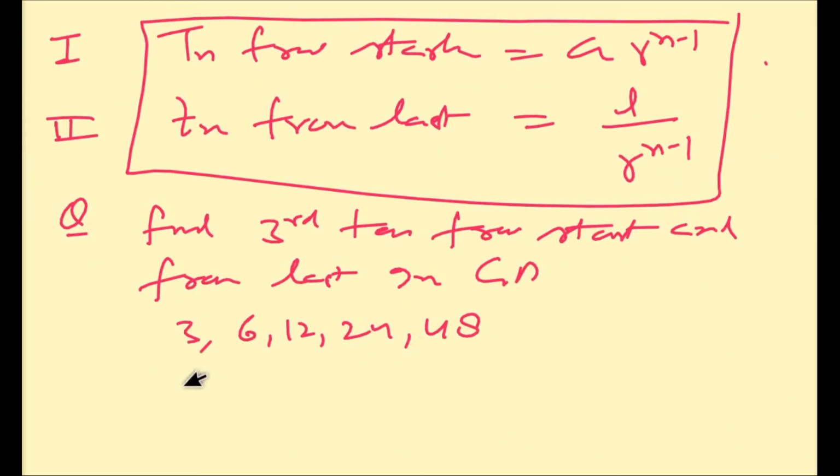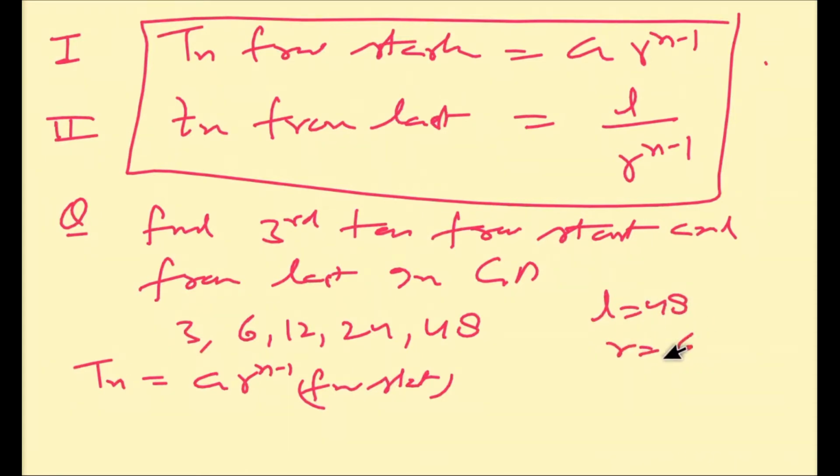Okay, so we can see Tn equals AR n minus 1 from starting. Here L equals 48, R equals 6 upon 3 equals 2, and A equals 3.